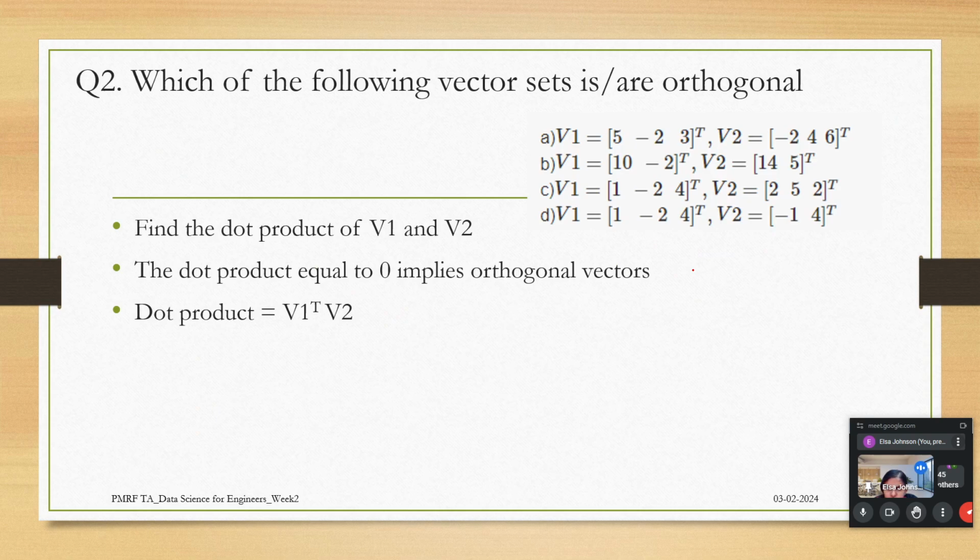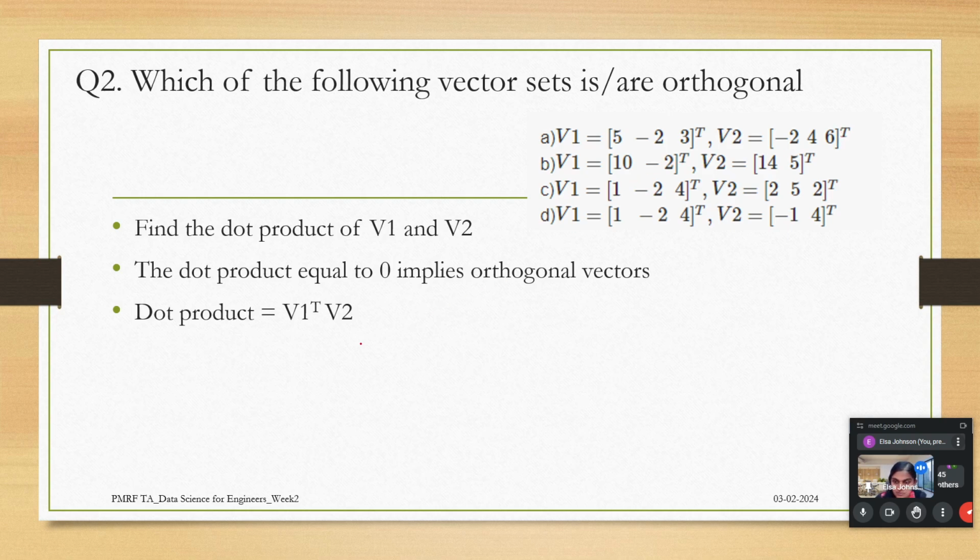Now, which of the following sets of vectors is or are orthogonal? This is like the earlier question we had done. Here the vectors are given as v1 equal to 5, minus 2, 3 transpose and v2 equal to minus 2, 4, 6 transpose.